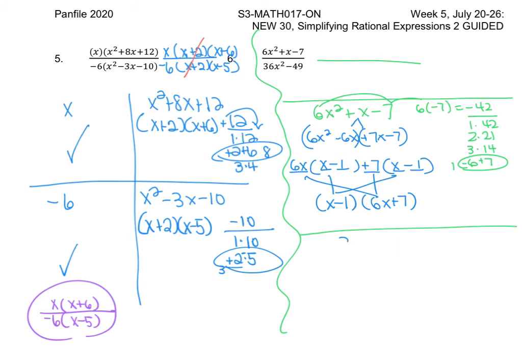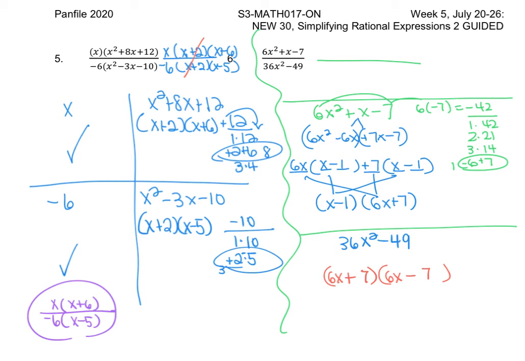And then this 36x squared minus 49 is a two-term binomial, and that is either a perfect square or a GCF. 36 and 49 are both perfect squares. So we end up with 6x and 6x, 7 and 7, one's a plus, one's a minus.